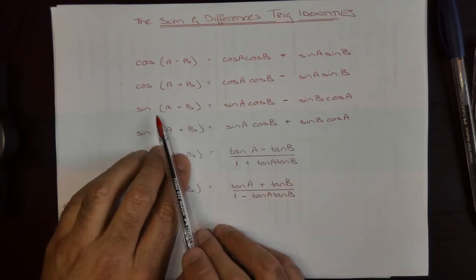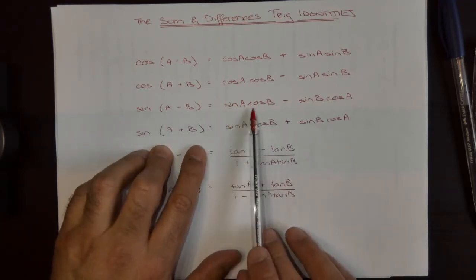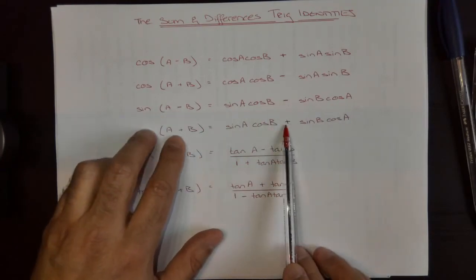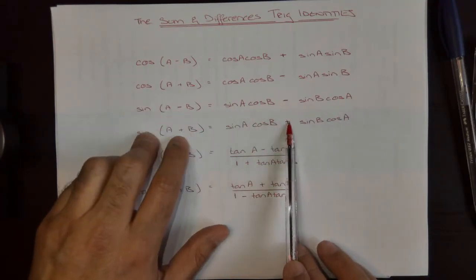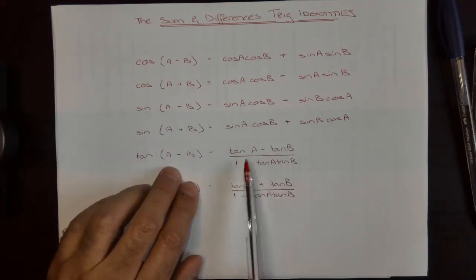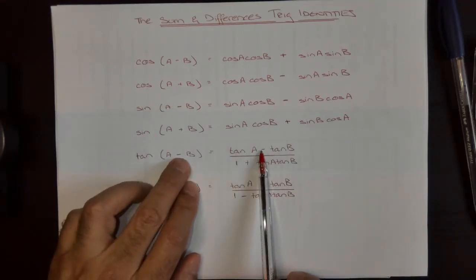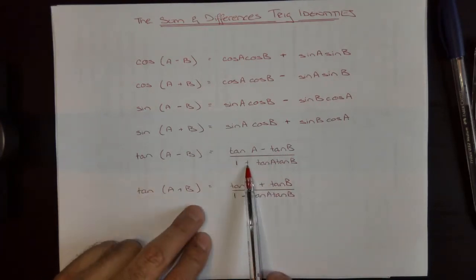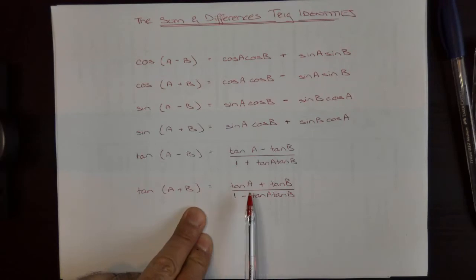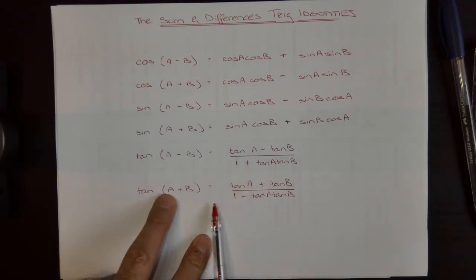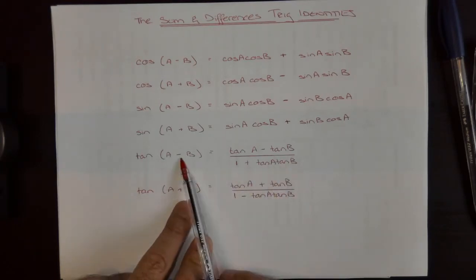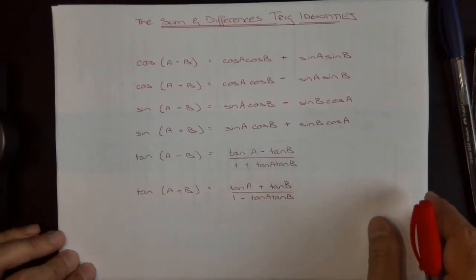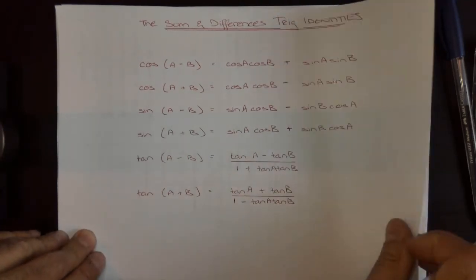Sines become sines and cosines, but the symbols stay the same. For tan, we always have the same symbol at the top, tan A, tan B, but the denominator becomes 1 plus or 1 minus tan A tan B. So the symbols change. They're the sum and differences of trig identities.